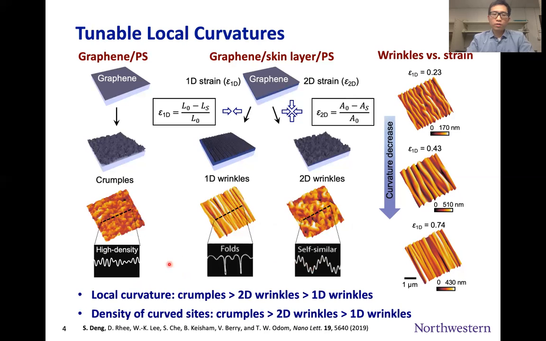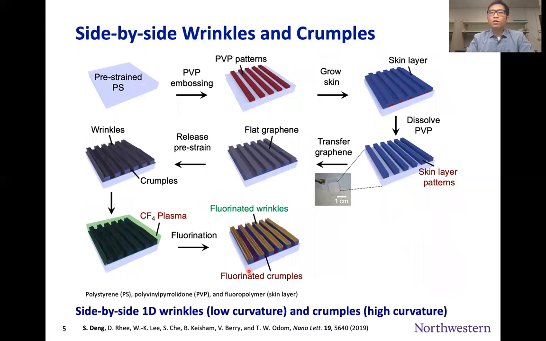So the local curvature of the crumple is even higher than the 1D wrinkles and 2D wrinkles. So based on these observations, we start to design our experiments. Since we want to introduce spatially defined local curvatures, we can pattern different local features like wrinkles and crumples side by side in a single graphene sheet, right?